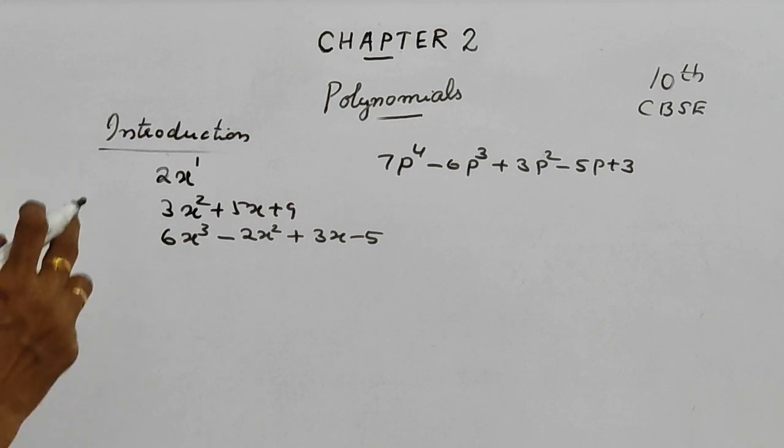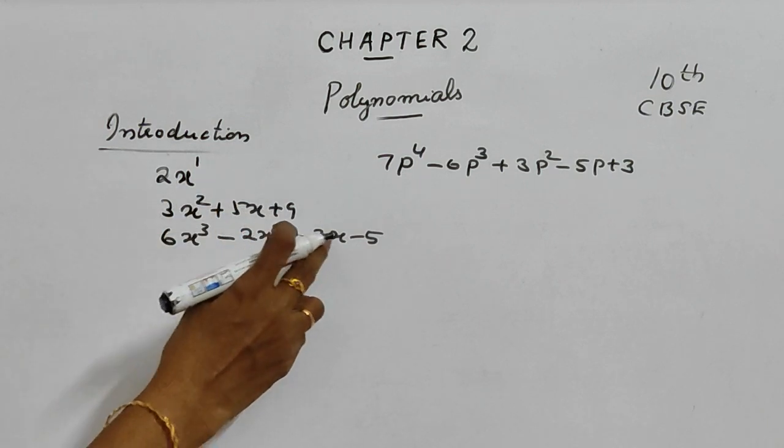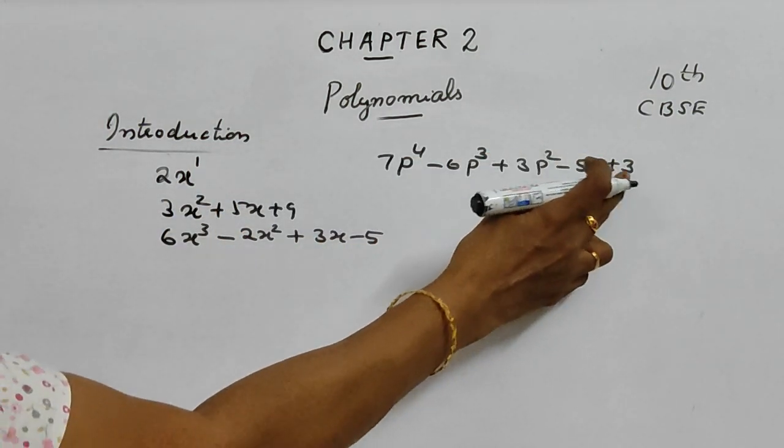See, here the power is 2, 1, 3, 2, 1, 4, 3, 2, 1.